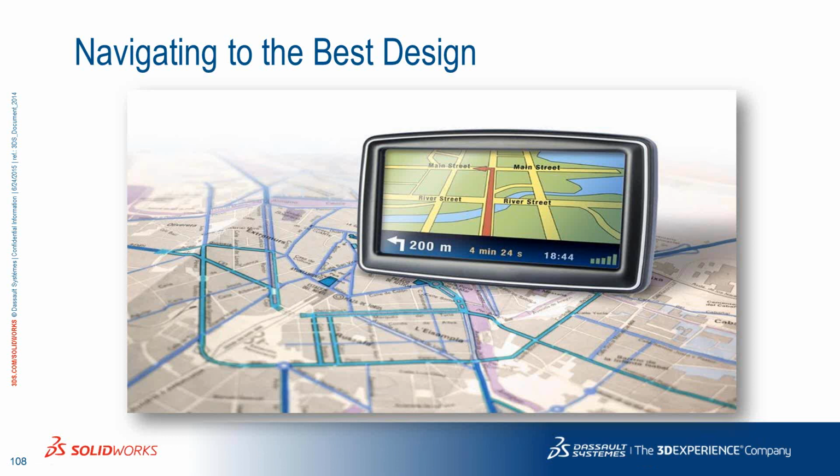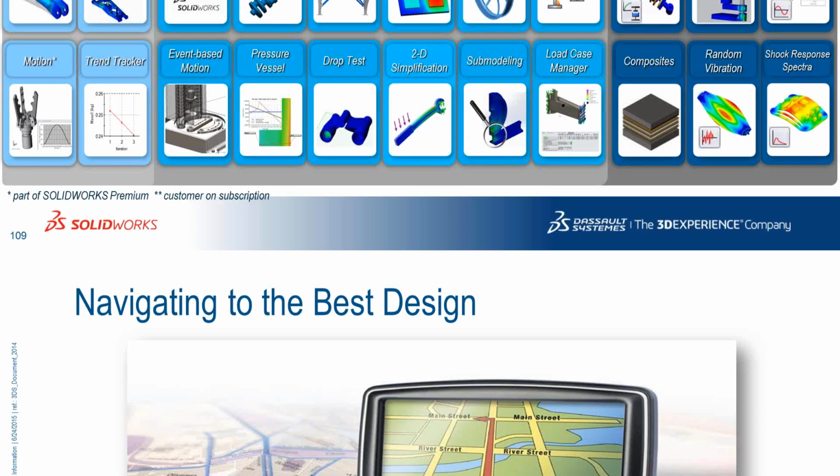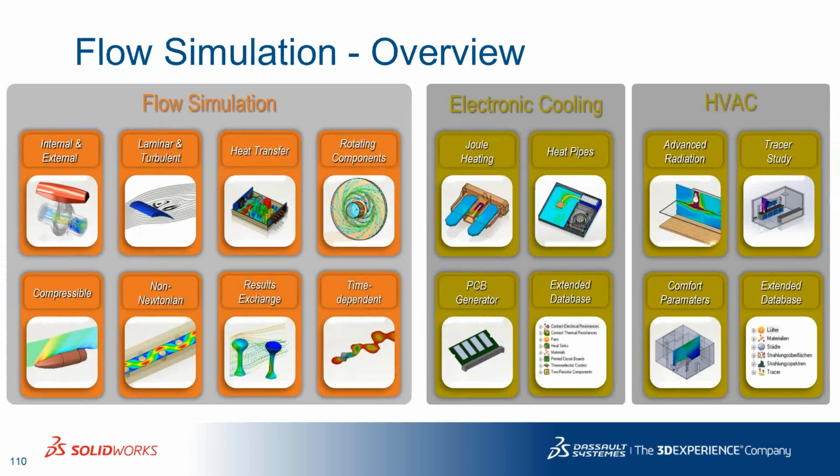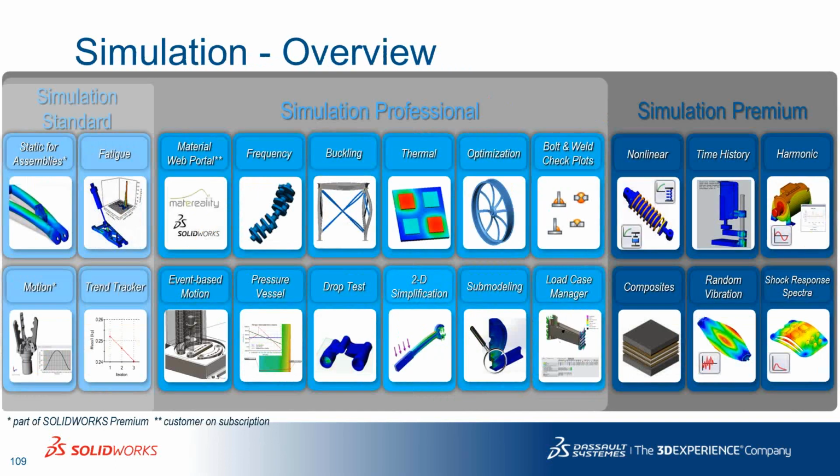So looking at some of this real quick, then we'll take some questions. We'll go to the next slide. It's one of those things where, wait, there's more. This is how the simulation tools are broken out. You saw some things from Simulation Standard, some tools from Simulation Professional, and tools from Simulation Premium.